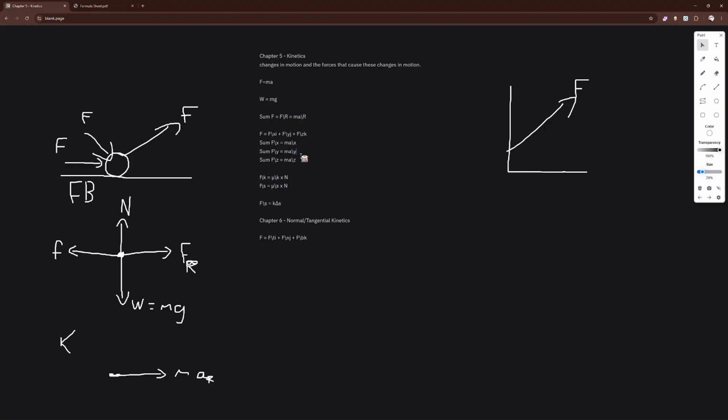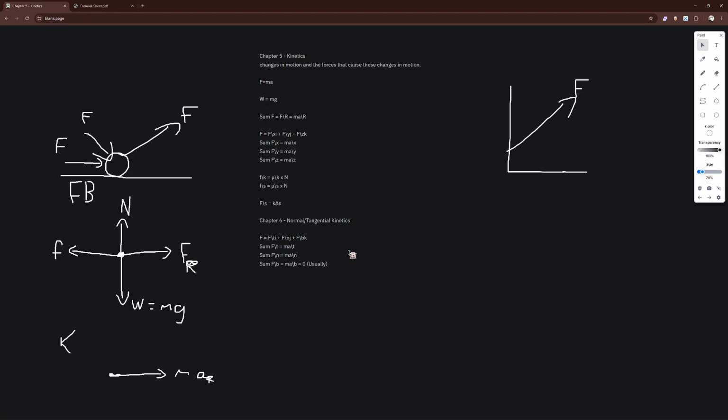I'll rewrite these just for the sake of it. B, N, T, and T. Also, usually the sum of the forces in the binormal direction is 0. So I'm going to say equals 0 usually.